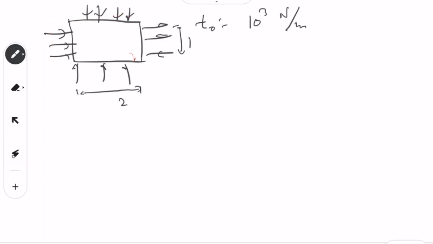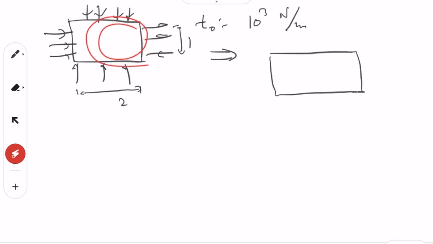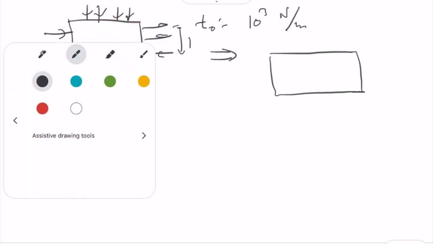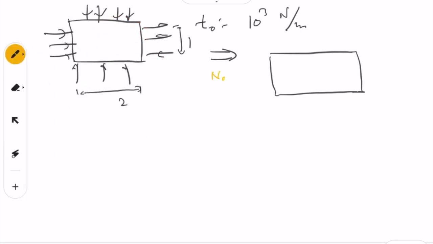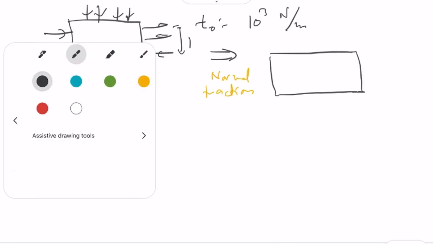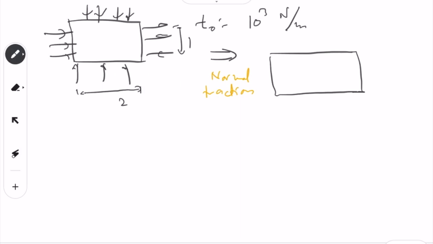So that means we can straight away write like this. So just because of the normal, just normal here, right? So just normal forces. So normal traction. Okay, it's normal traction, and because of that we can find out.